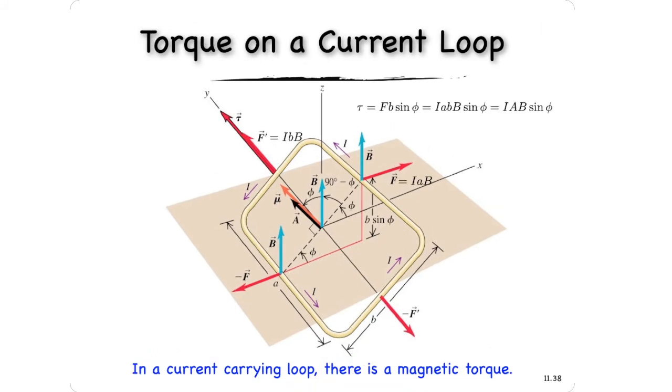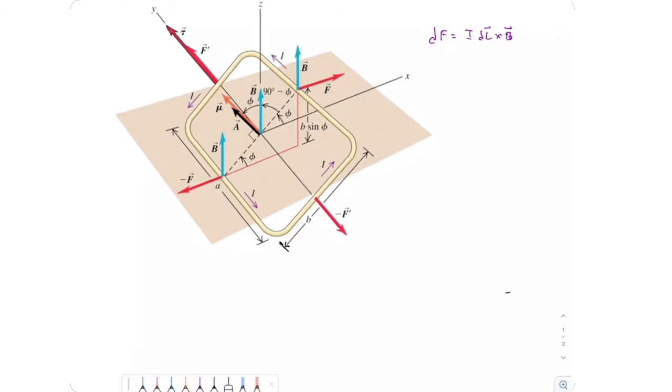Now let's look at the torque on the loop. If we go back and look at what these forces do, this force and this force are acting along a line, so they don't produce a torque. If you recall from Physics 50, torque is R cross F, where the magnitude of torque is the lever arm times the force.